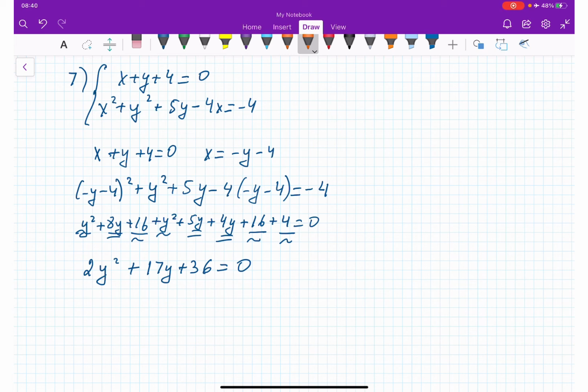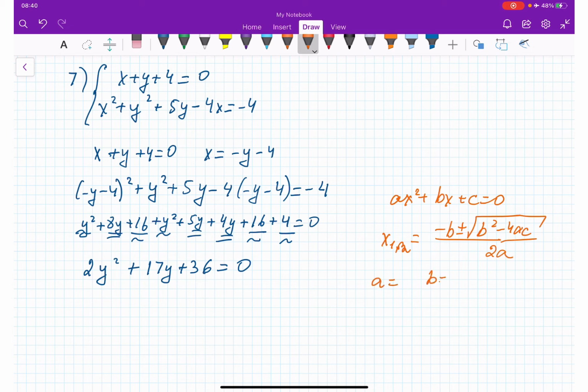And I'm going to solve this equation with the same method of discriminant of ax squared plus bx plus c equals 0. From here, x1,2 is equal to negative b plus or minus the square root of b squared minus 4ac, over 2a. So a, b, c. a is equal to 2, b is equal to 17, c is equal to 36.